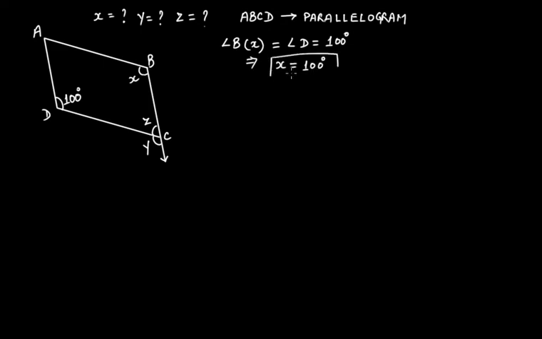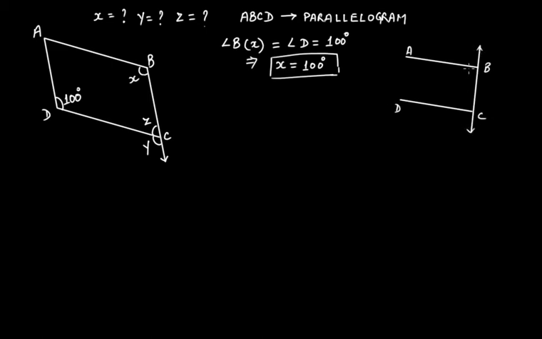Now if x is equal to 100 degrees, it means that if you look at this line, these two lines are parallel. This is the transversal, right? It's something like this. So if this is B, this is A, this is D, this is C. So two parallel lines, a transversal line, right?